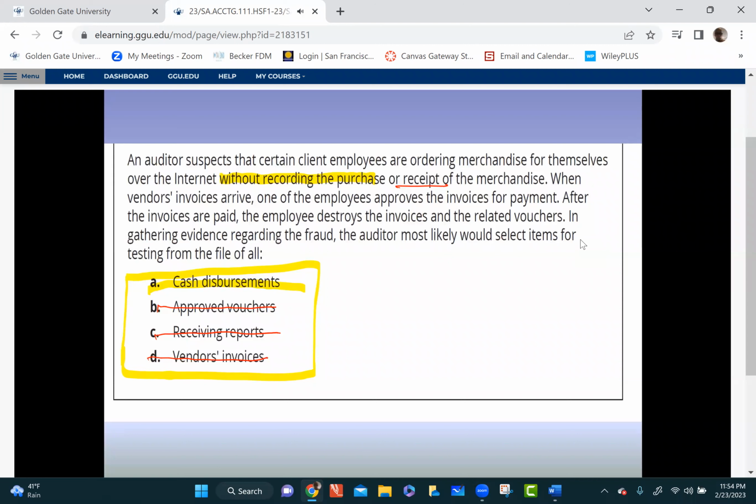If you don't see it ever listed as a payable or receipt of merchandise, you uncover this fraud scheme. Okay, question? Okay, so that's kind of a hard question, but again, if you look at it from the standpoint of the assertions, it's the best way to answer that.